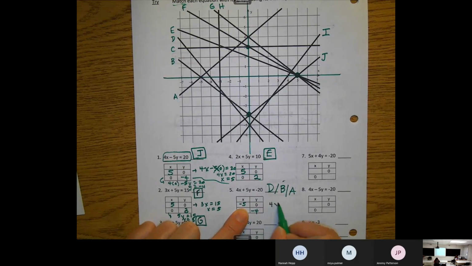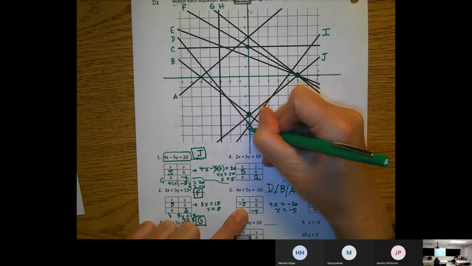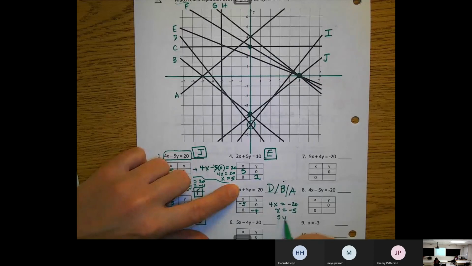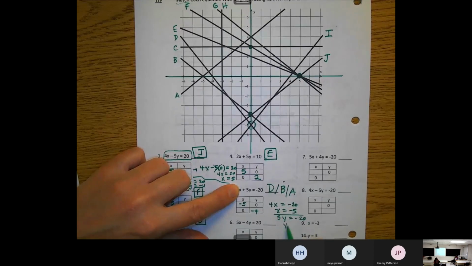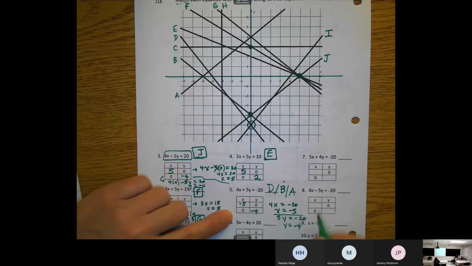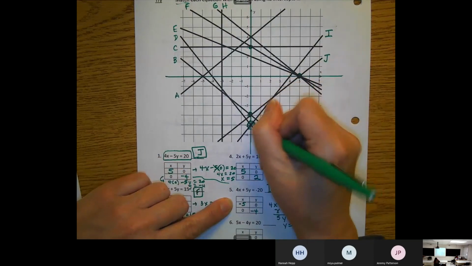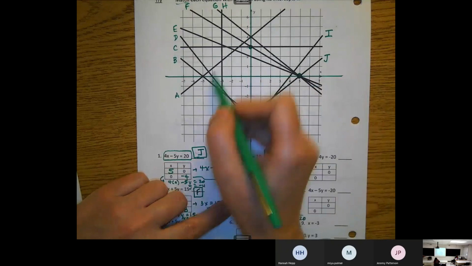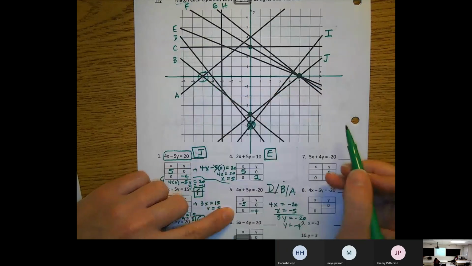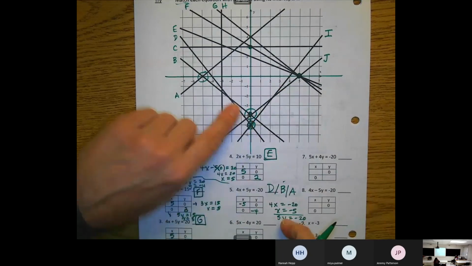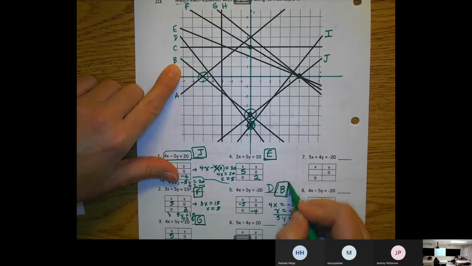Let's see, so x would equal -20. That means x is -5, so we want this point here. And 5y equals -20, so y equals -4. Oh, sorry, I went the wrong way on the x, didn't I? Scratch that. -5 on the x-axis, that's this one. Too many lines. -4 on the y-axis, this one. Yeah. So we want B.